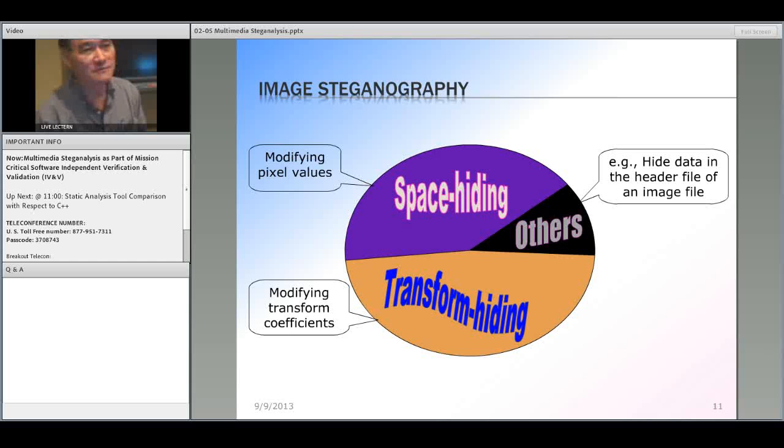And it's also simpler to detect. In the worst case, you can just retrieve the least significant bit of the whole image, and then enumerate all the possibilities. Maybe starting from the first bit is the payload, and you try to decode it. Maybe starting from the second bit you have the payload, and so forth.